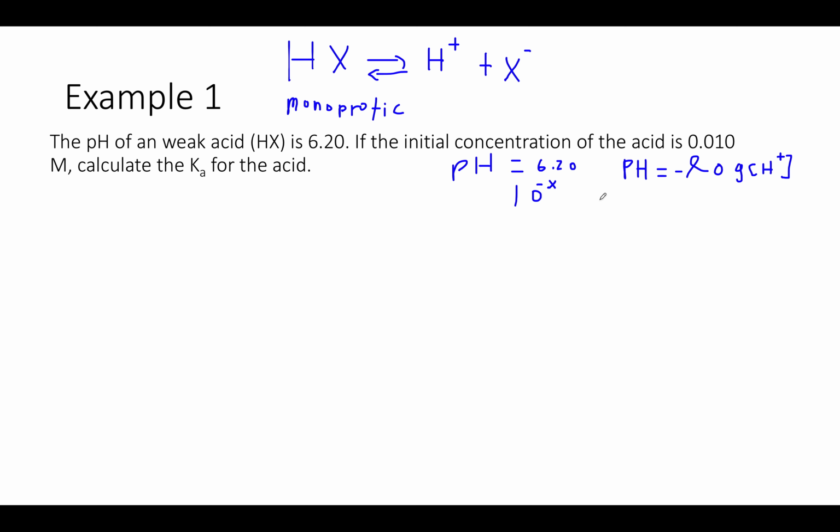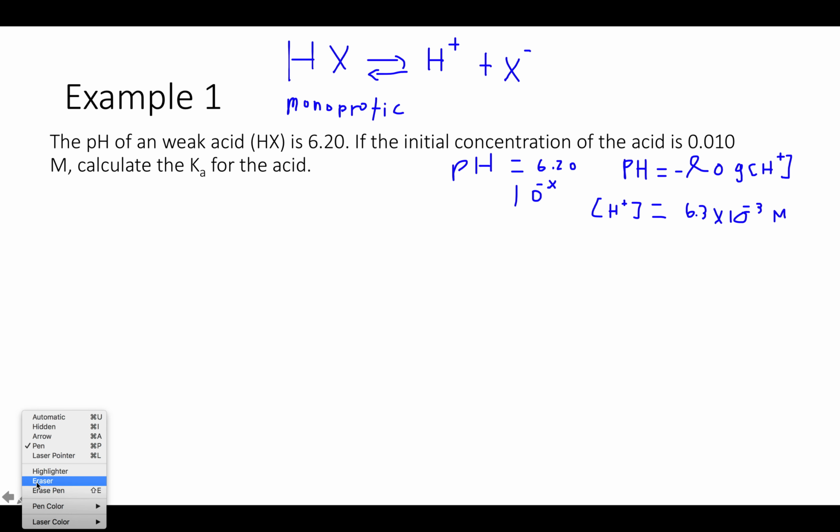So when you do that, you get that the hydrogen ion concentration in this solution equals 6.3 times 10 to the third. So all I did was I took the inverse log, and then I made it the negative, and that canceled out the negative sign in front of the logarithm.